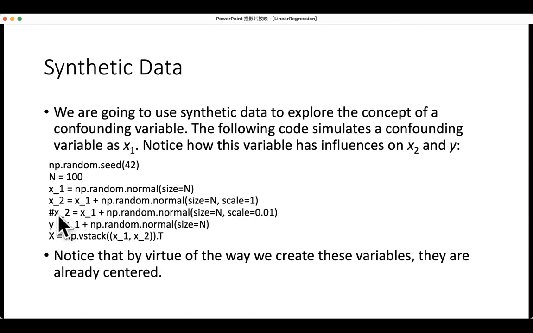This indicates that x2 is even more correlated with x1, because the random number added to x1 decreased. The other parts remain the same.